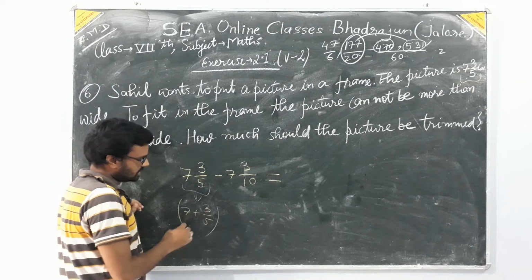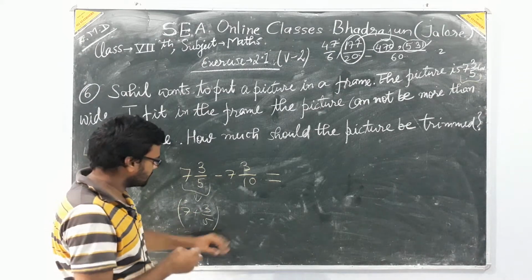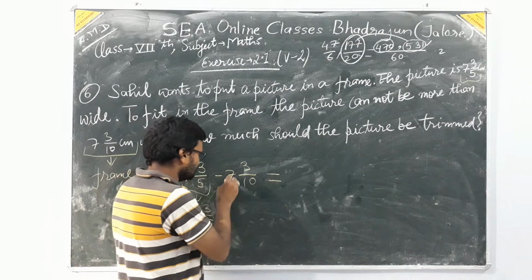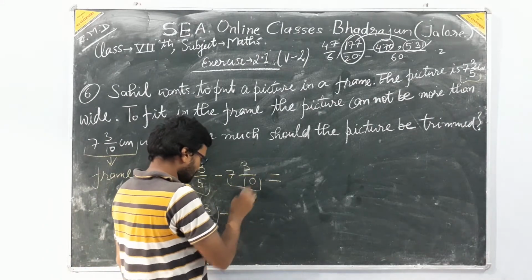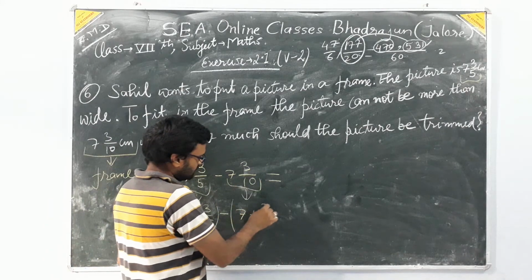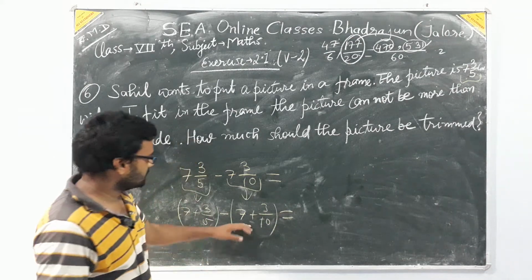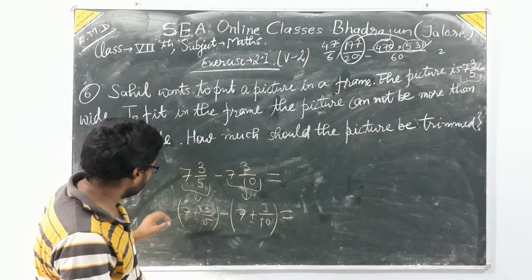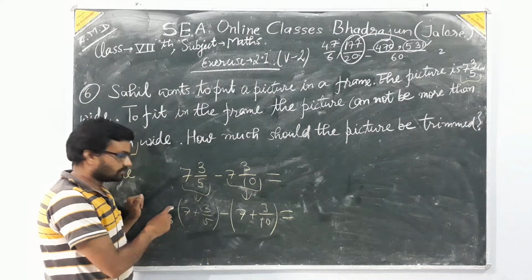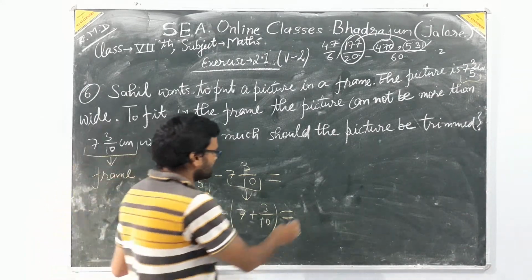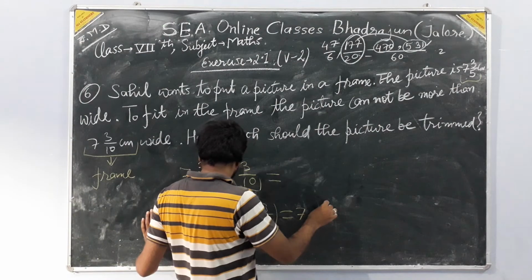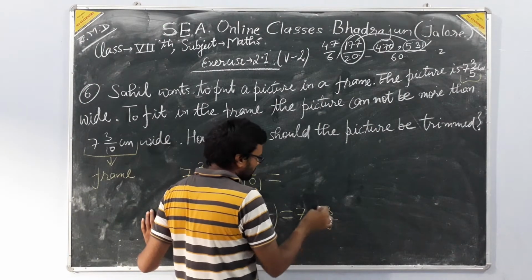I am just enclosing this in a bracket, minus the actual meaning of this one, which is again 7 plus 3 by 10. Now whenever we open these two brackets, here we are seeing a positive sign, so this bracket will be opened easily. This is 7 plus 3 by 5.